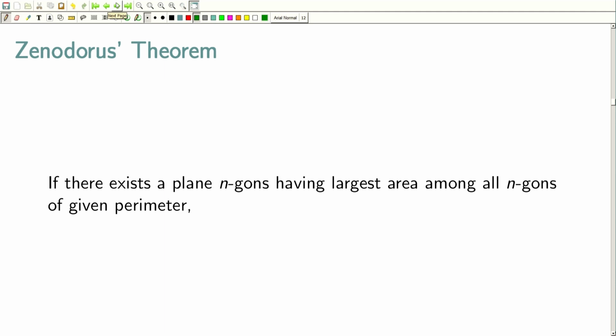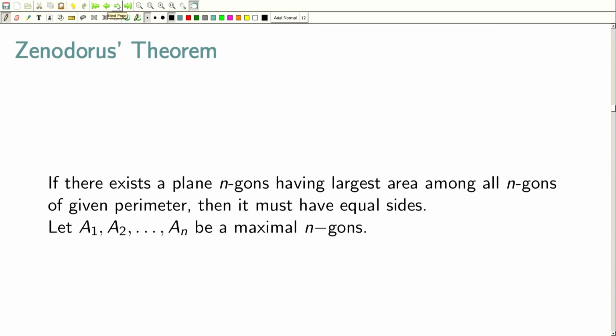Now the next one: if there exists a plane n-gon having the largest area among all n-gons of given perimeter, then it must have equal sides, which means it is a regular n-gon. That is also not very hard to see.